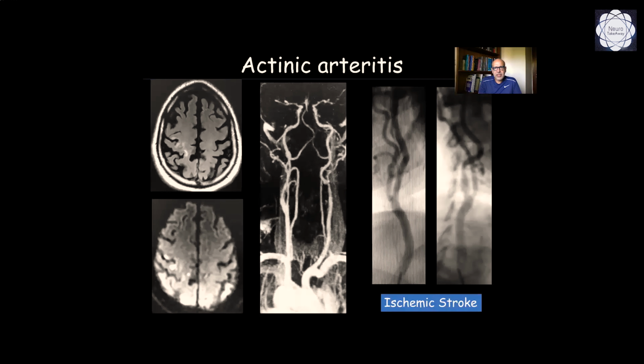Another case of actinic arteritis. This was a patient with a neck tumor that was irradiated, and some years later he developed a right frontoparietal embolic ischemic stroke. This is an acute lesion, and you can see both on MRA and digital subtraction angiography the presence of irregularities in both internal carotid arteries with segments of dilation and segments of stenosis.